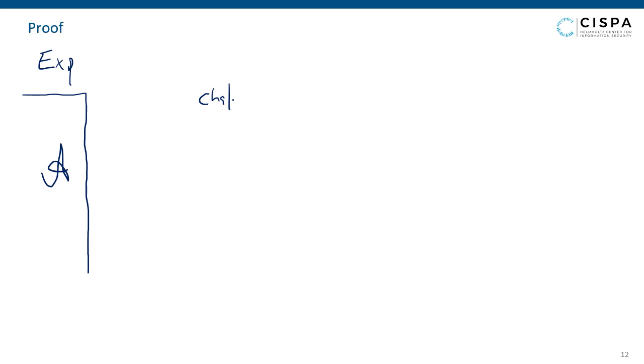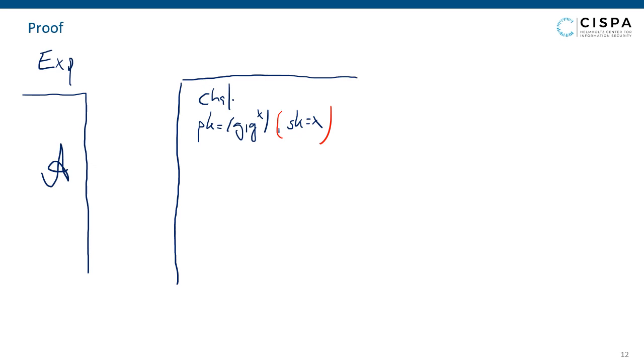Now first, of course, it computes a public key and a corresponding secret key as G, G to the X. The secret key is just X, but as it turns out, we don't really need the secret key. If you look at the definition of the IND-CPA experiment, the secret key is never needed.